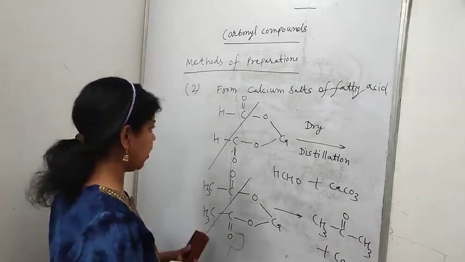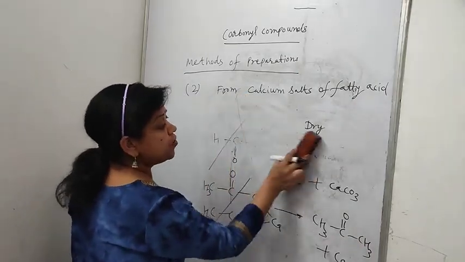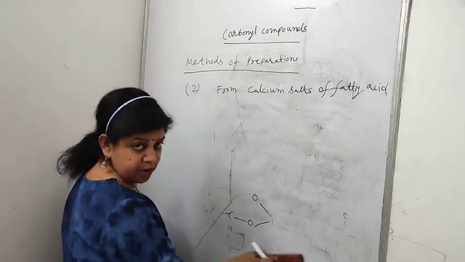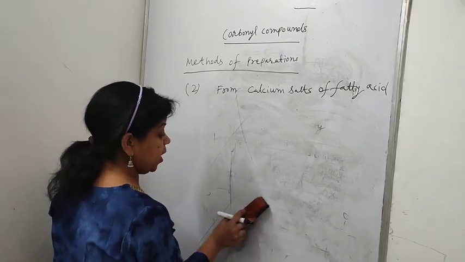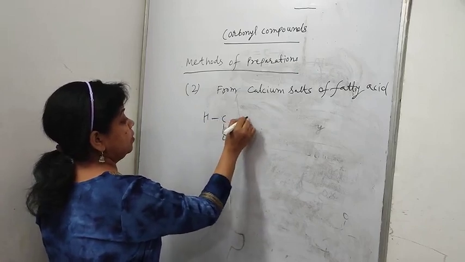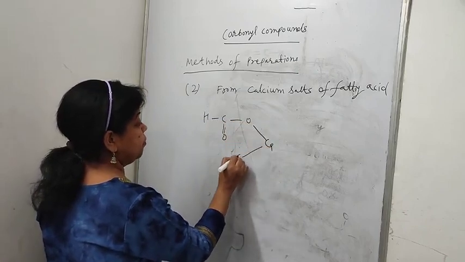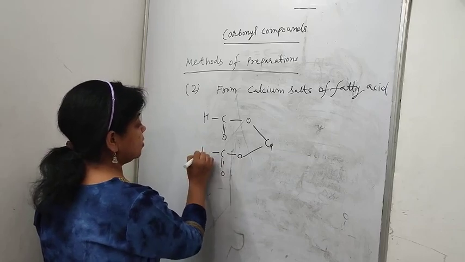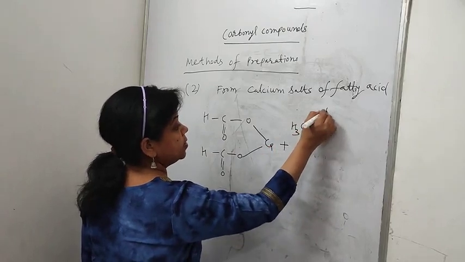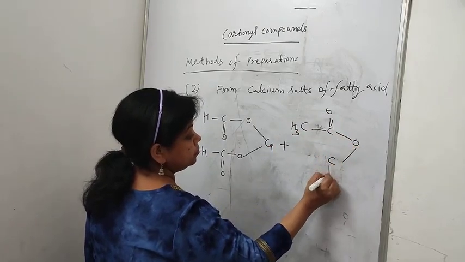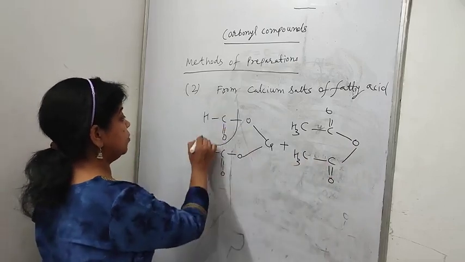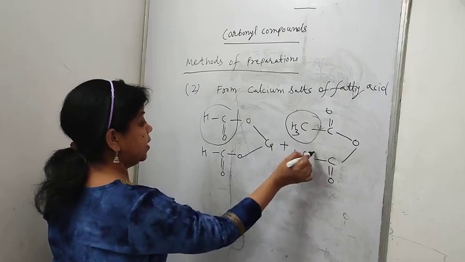Now the question arises in your mind, what will happen if we take a mixture of both the fatty acids? Let's see what will happen in this case. When we have taken a mixture of both the fatty acids, that is calcium formate as well as calcium acetate, in this case, you will be able to get acetaldehyde.